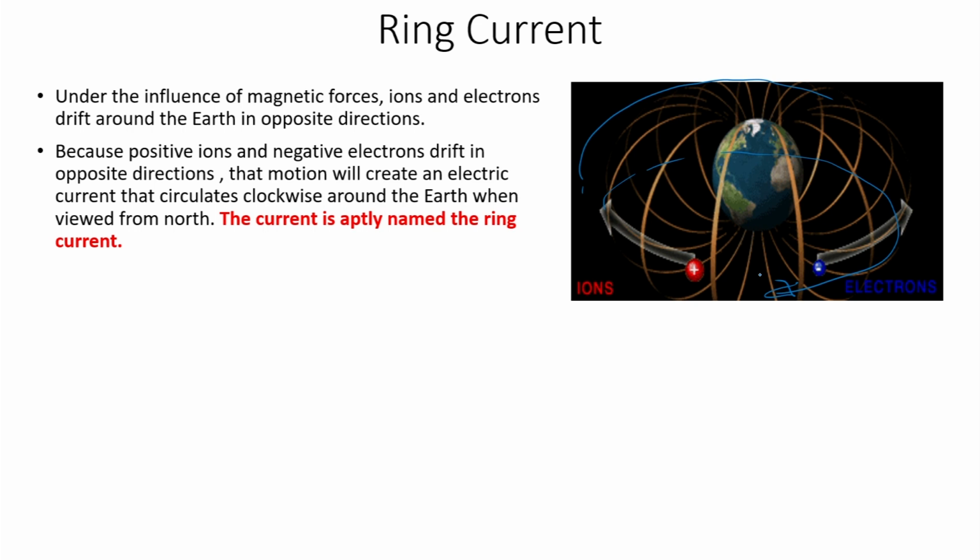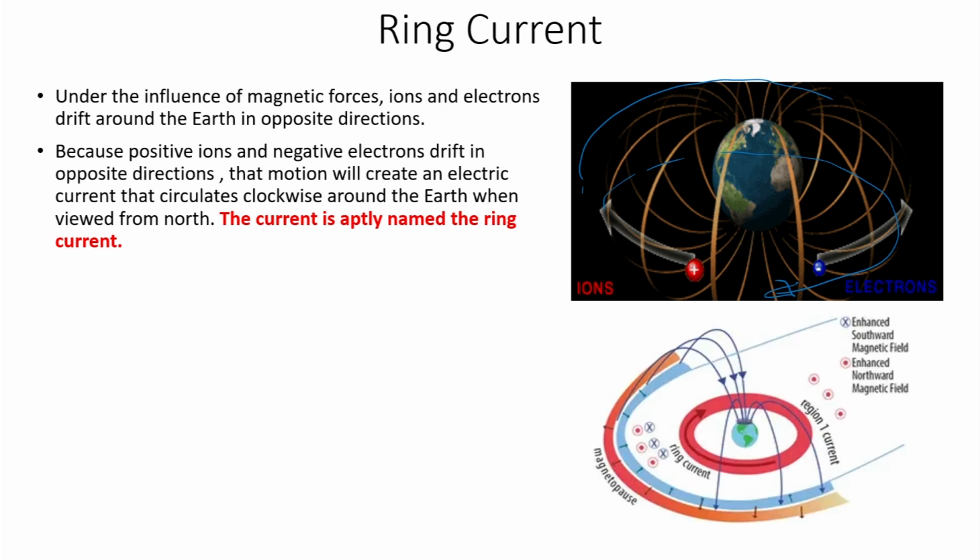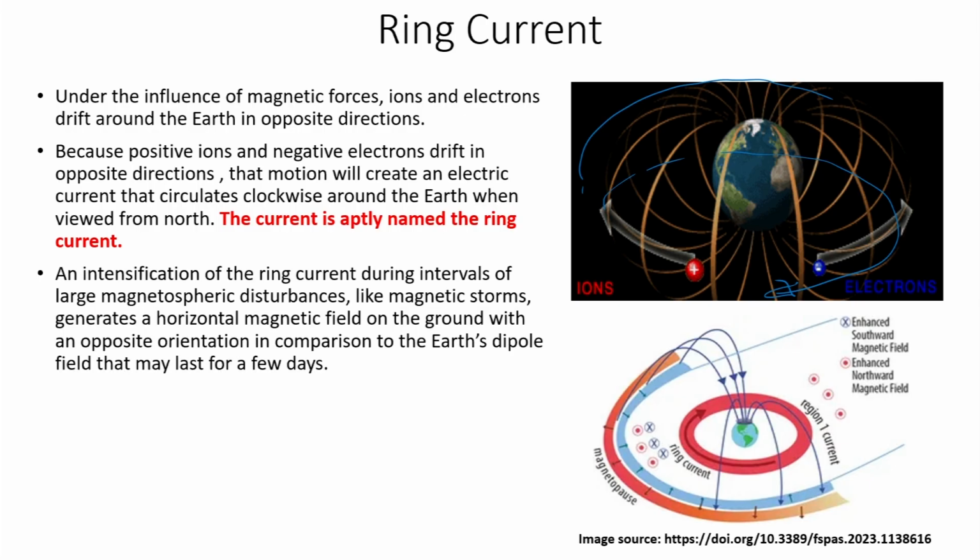This current is known as the ring current. This picture also shows very clearly the direction of the ring current, clockwise. As I said, an intensification of the ring current happens during magnetospheric disturbances like geomagnetic storms, and this current generates a horizontal component of the magnetic field opposite to that of the geomagnetic field.